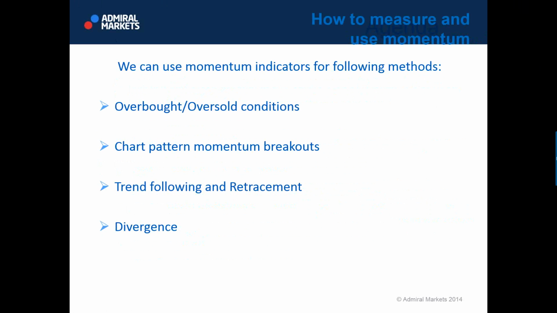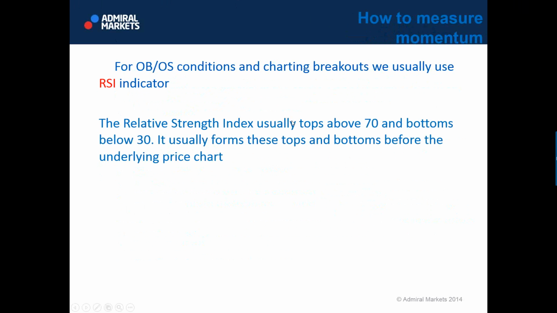And divergence, which is the earliest sign of a possible reversal or retracement in a market. How to measure momentum? For overbought and oversold conditions and charting breakouts, we usually use the RSI indicator, relative strength index, usually topping above 70 and bottoming below 30.